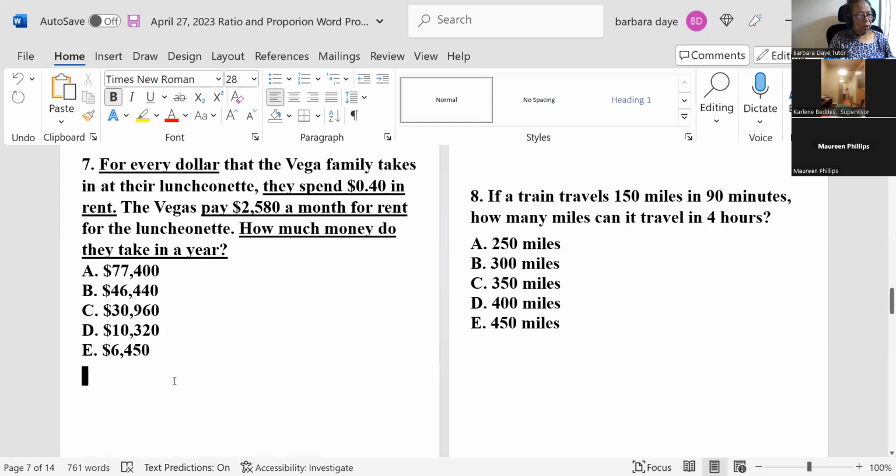So you want to set that up for every dollar they spend. Let's put money taken in.